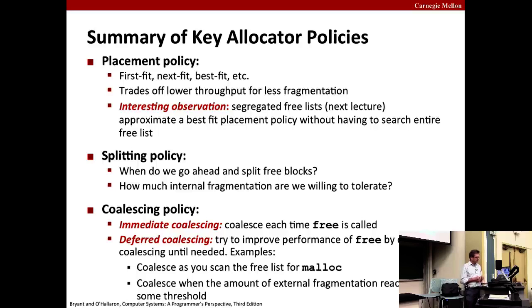Now we also have to decide on some splitting policy. So when we find a free block that's big enough, what do we do with the leftover part of that block? Once we've placed our allocated block into that free block, what do we do with the leftovers? Do we just leave the leftover part in the block itself and return that back to the application, so that we keep larger blocks?